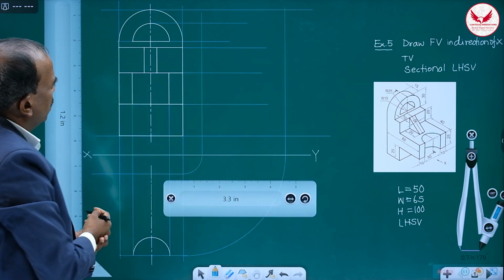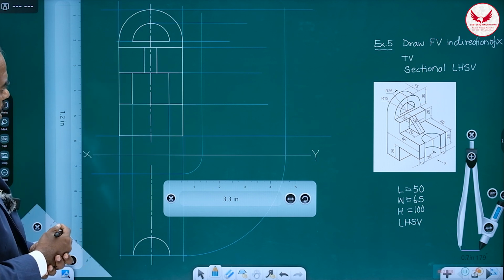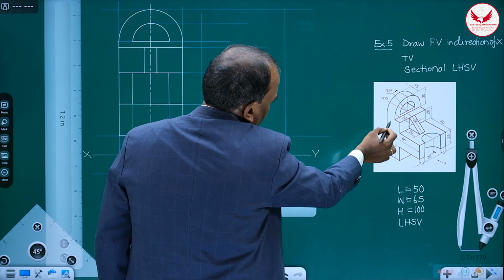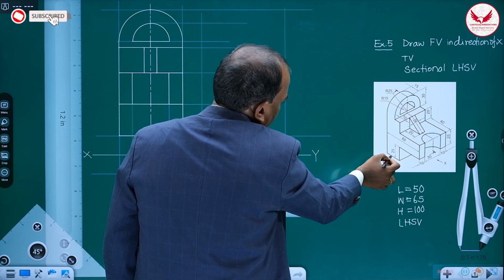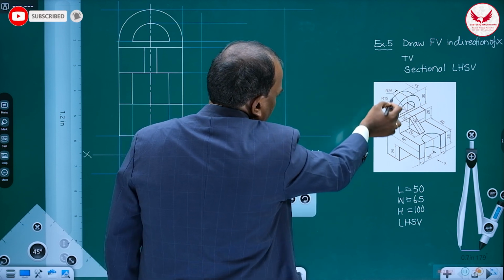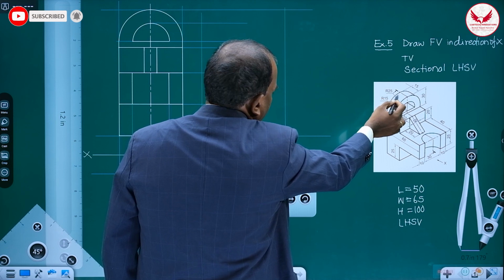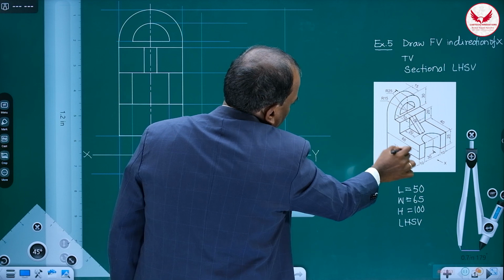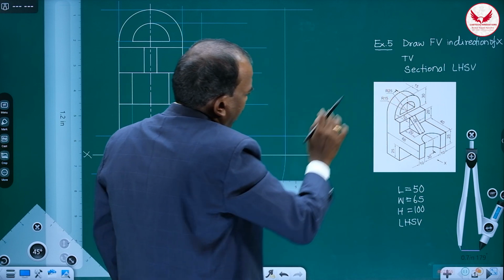So we have taken the projection in the side view. And now if you see the side view, in the side view there is a single surface. So right from the bottom to the top, the semi-cylindrical portion, it is in the front view. Here it is going to be straight only. So this portion we can straight away mark it.